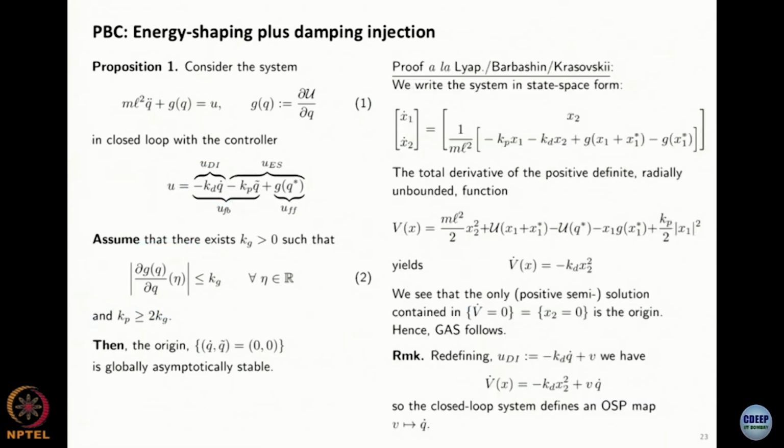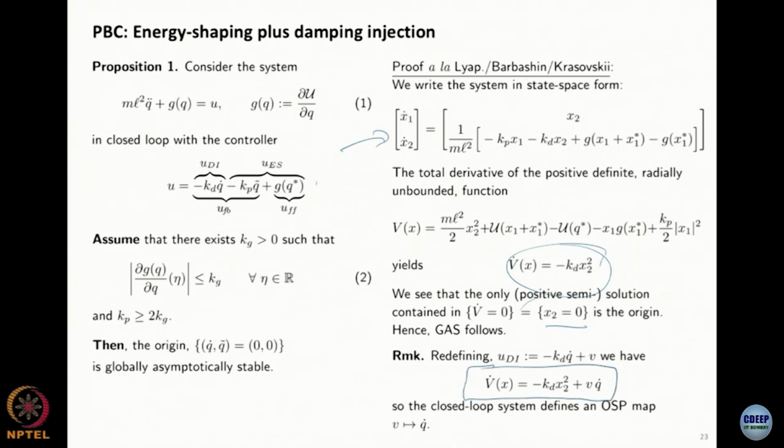You can do the same proof using LaSalle again, or Barbashin-Krasovskii. You write the system in this form, go here, set x2 equal to 0 and see that the only solution contained in this set is the origin, right? And the nice thing about this is that you have output strict passivity.